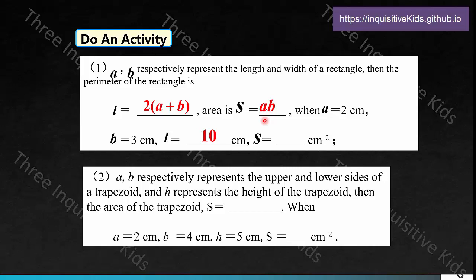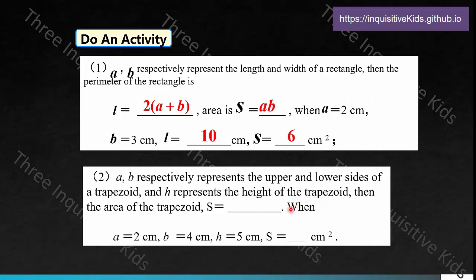Remember, all you have to do is plug them into their original variables, and the area would be 6 centimeters squared. Second problem. a, b respectively represent the upper and lower sides of a trapezoid, and h represents the height of the trapezoid. Then the area of the trapezoid S would be equal to blank.